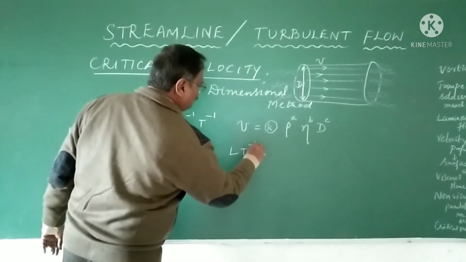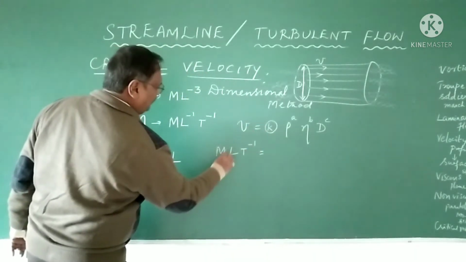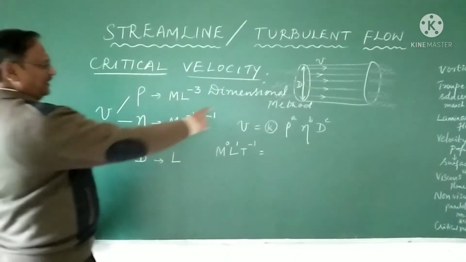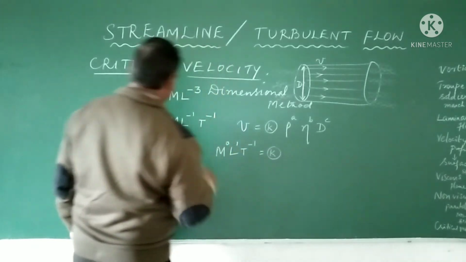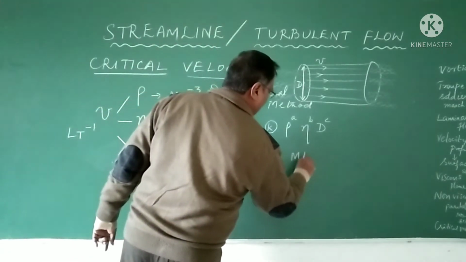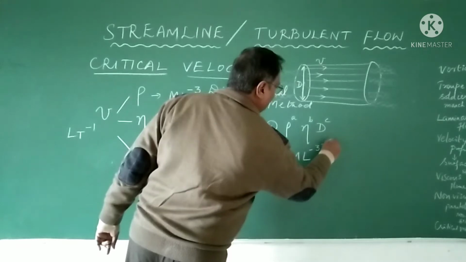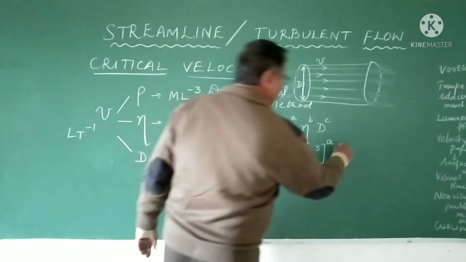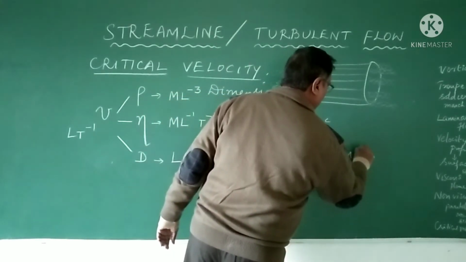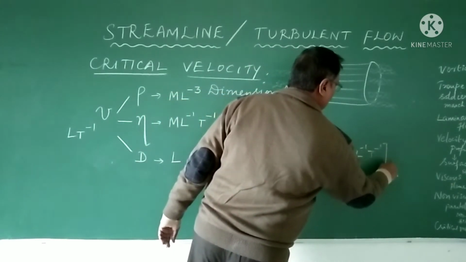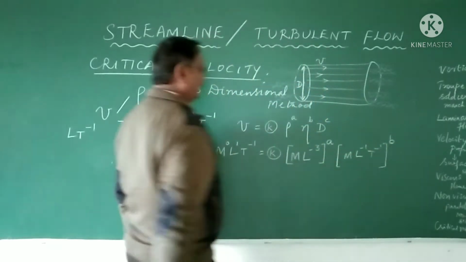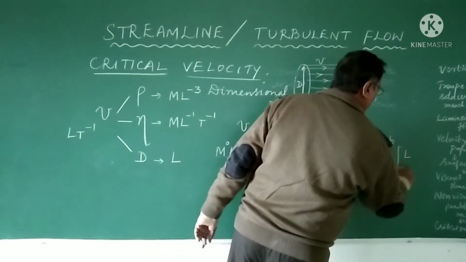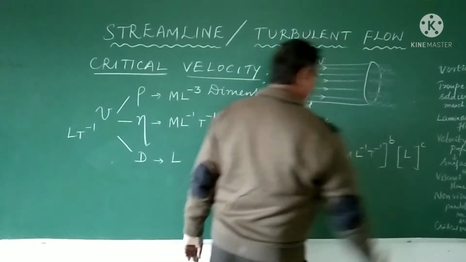L T power minus 1 is equal to M power 0, L power 1, K constant as it is, rho density M L power minus 3 whole power A, eta coefficient of viscosity M L power minus 1 T power minus 1 whole power B, and diameter of the tube, L power C.